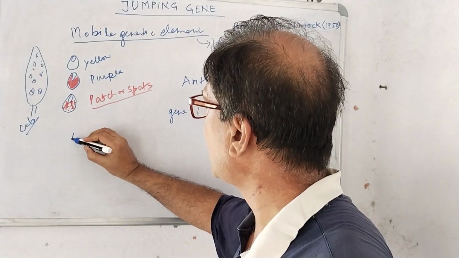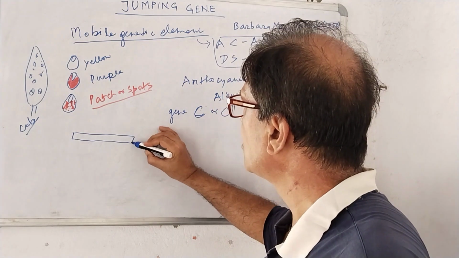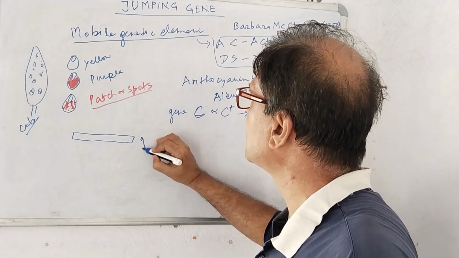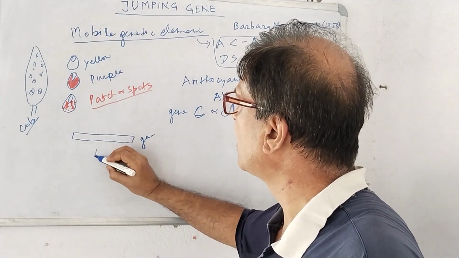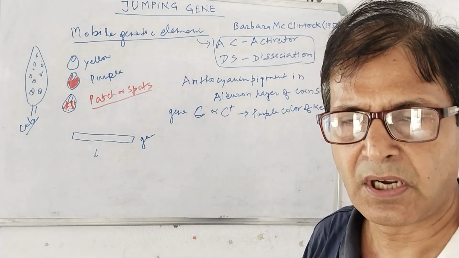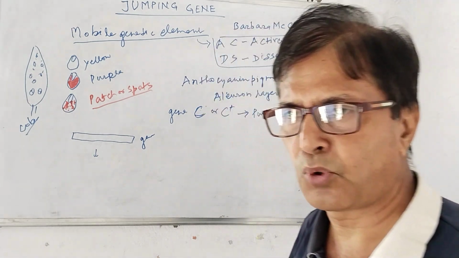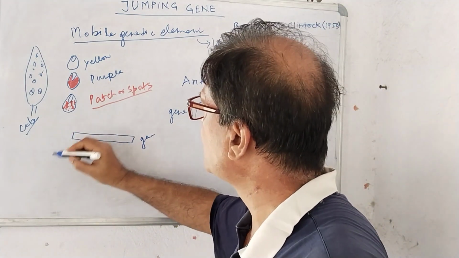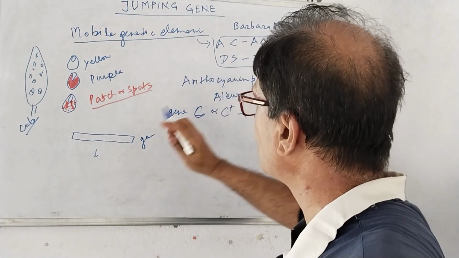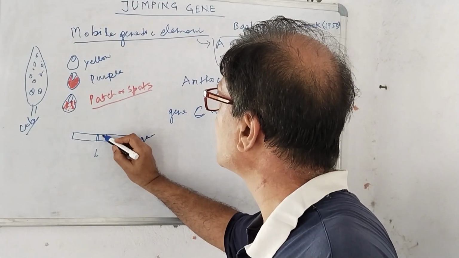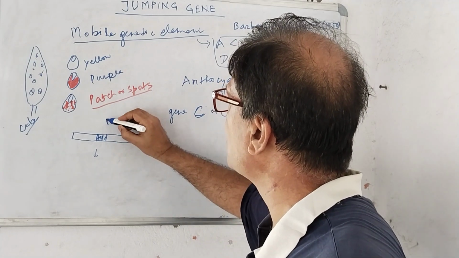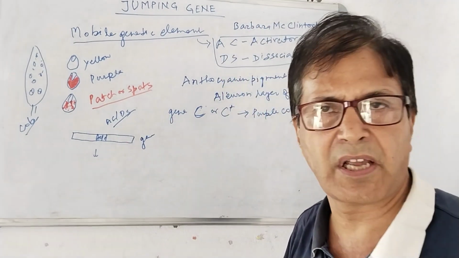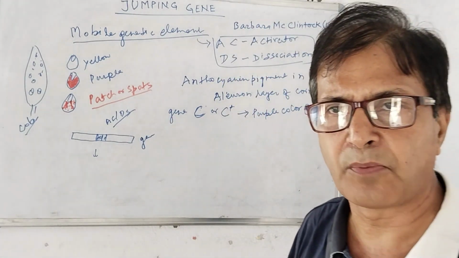Suppose this is the kernel, and this is the normal gene for anthocyanin synthesis. It will obviously get transcribed and finally translated and produce anthocyanin pigment. But if these sequences, whether AC or DS, get inserted into this gene, because these are mobile elements, they can jump from one place to another.